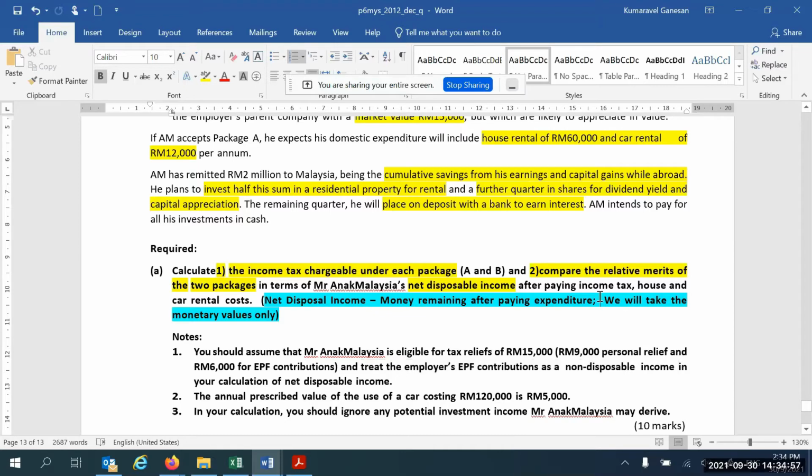So I can also make it like this: cash remuneration less out cash expenditure.